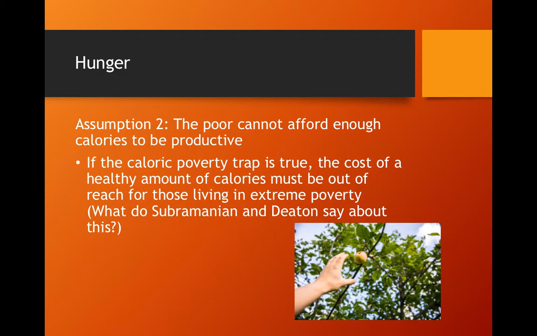They're not going to seek out those ways to get the cheapest calories. But nonetheless, it certainly seems like in a lot of these places that Banerjee and Duflo looked at in the reading that you did, and in the Indian example of Subramanian and Deaton, it's not always very expensive to get a day's worth of calories. And remember, one of the central pillars of this calorie poverty trap idea is that the poor cannot afford enough calories.